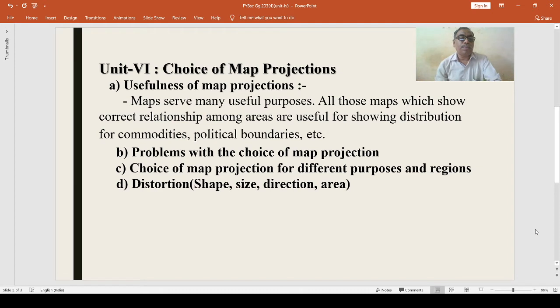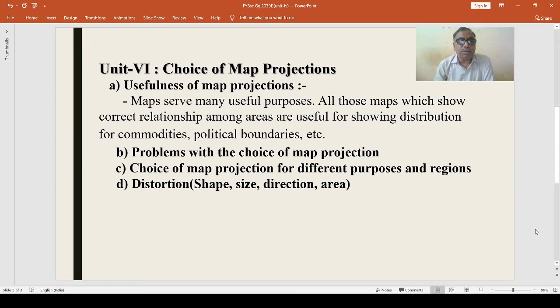Then the problems with the choice of map projection. There is no way to troubleshoot the problems with projections that does not require a fairly sophisticated understanding of what the projections are all about. Review the projection topics before beginning any troubleshooting.